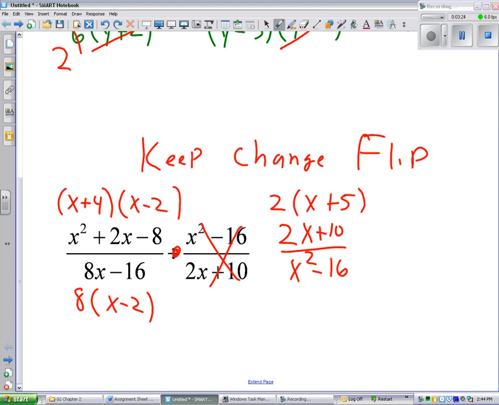And x squared minus 16, the difference of squares, factors into x minus 4 times x plus 4.